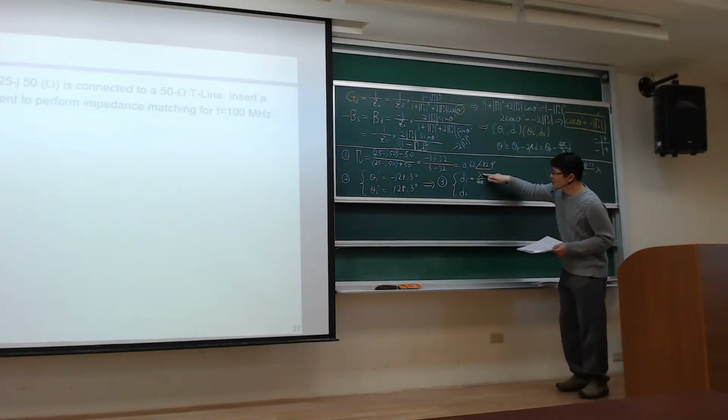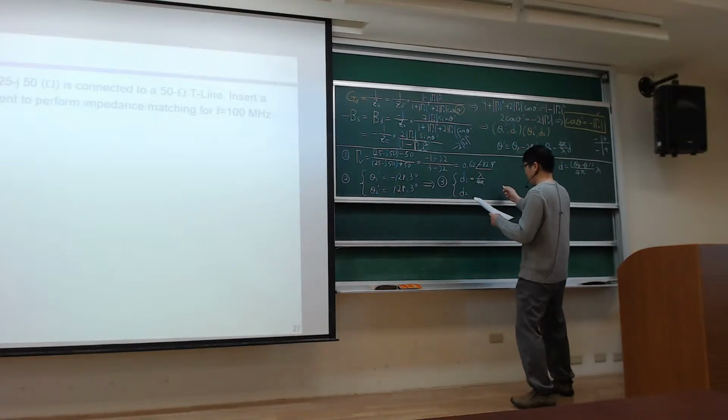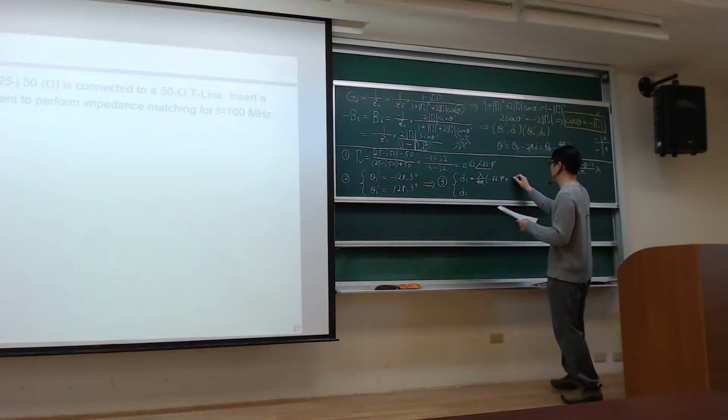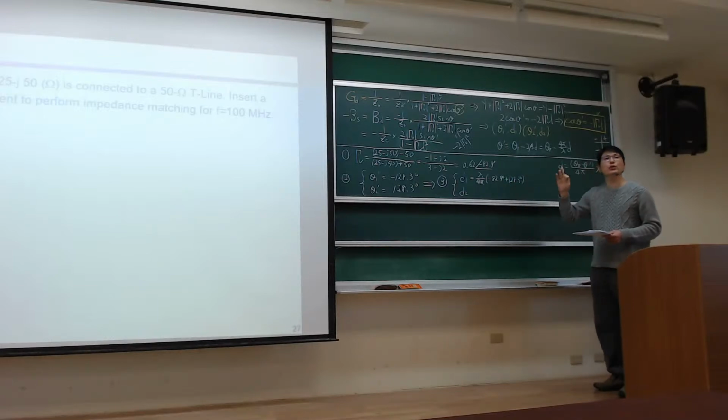When we look at lambda divided by 4 pi, this is converting the angles into radian. Okay? So this is negative. We need to convert the angles in degrees into radians.